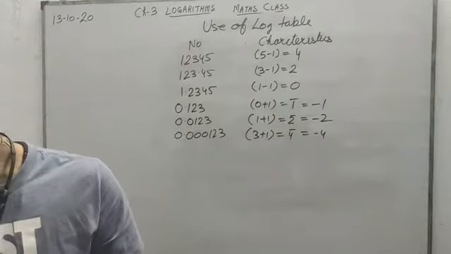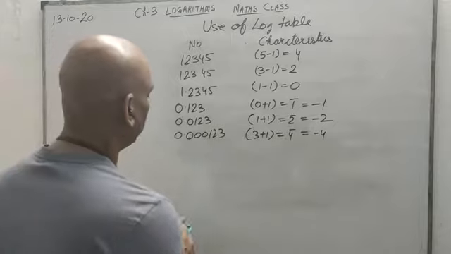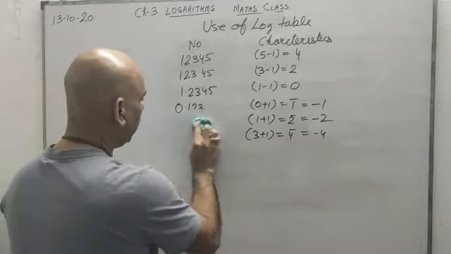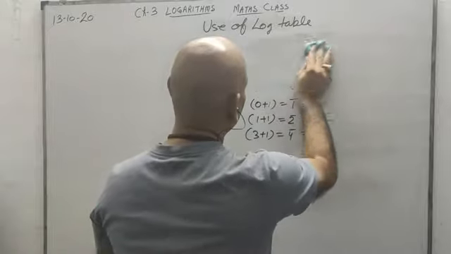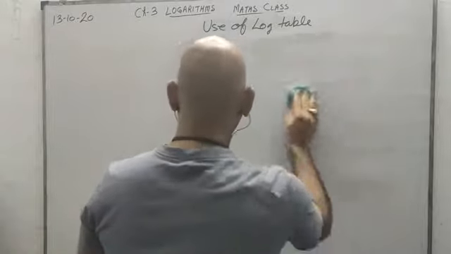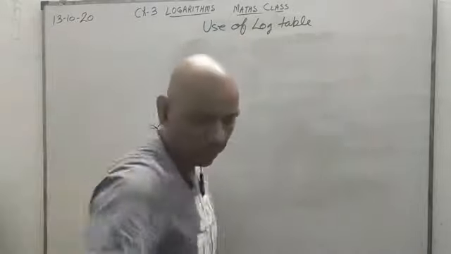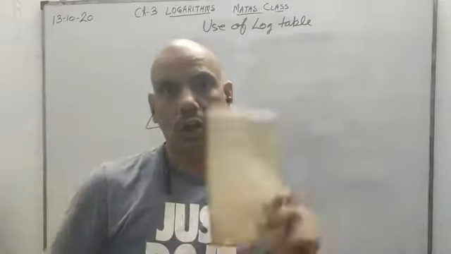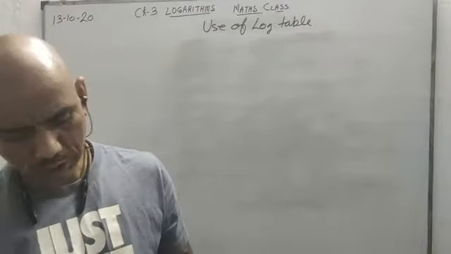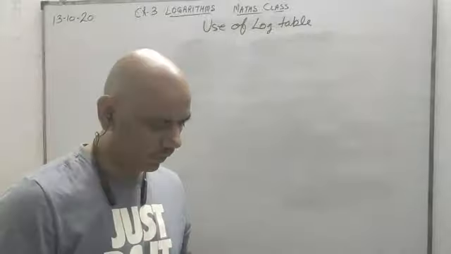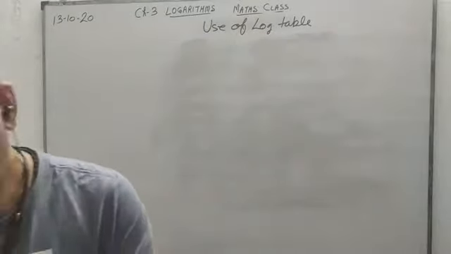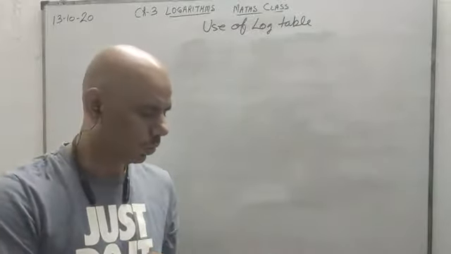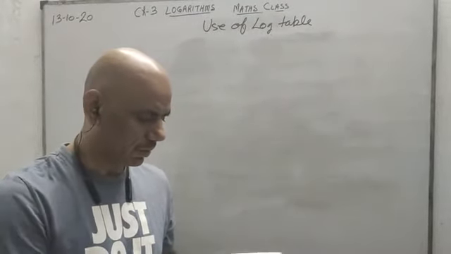Now let us come to the Mantissa. How will we calculate the Mantissa? For calculating the Mantissa, first of all we will have to look for the significant digits. And for finding those significant digits, you will have to look at the log table. On the very first page you will see the log table, and the same log table is available in your part number 2 on the second last page.